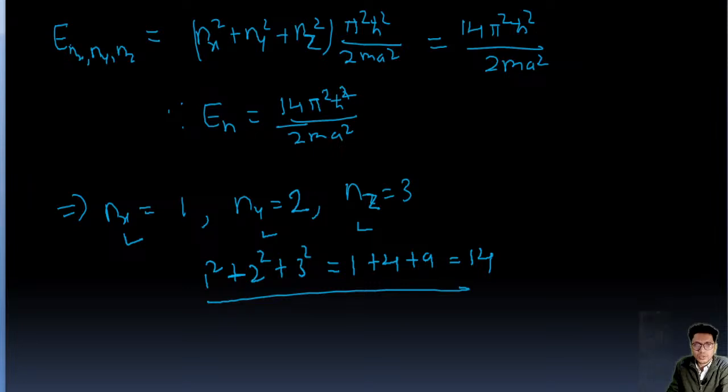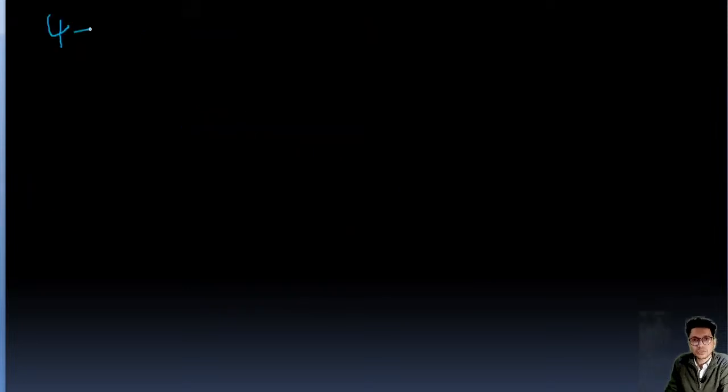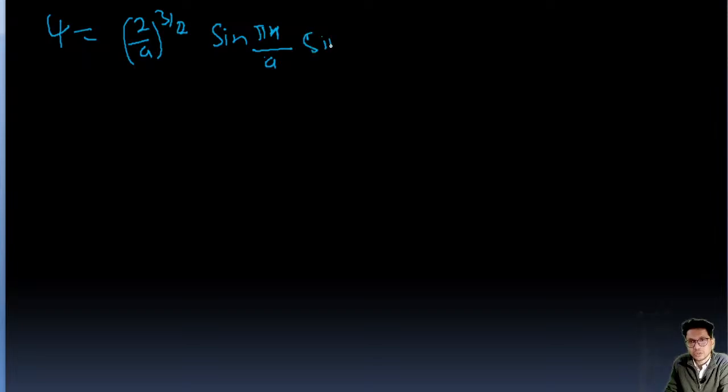Now we can easily find the wave function. Because it is 3 dimensions, it's 2 upon a to the power 3 by 2, sine pi x upon a for nx equal to 1, into sine 2 pi y upon a for ny equal to 2, and sine 3 pi z upon a for nz equal to 3.